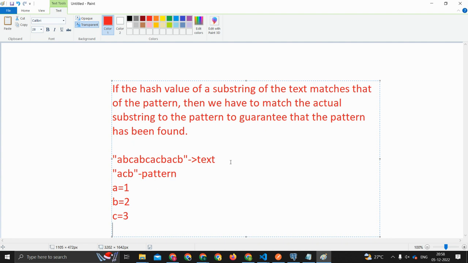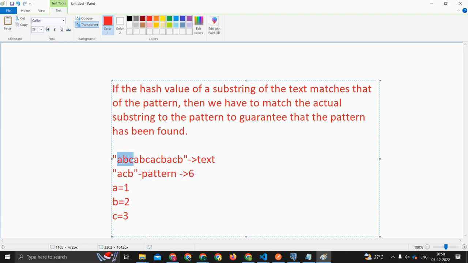Then ACB comes to 1 plus 3 plus 2, so the total value of ABC will be 3 plus 2 plus 1, which is 6. So the numerical value of the pattern is 6. Okay, I understand.